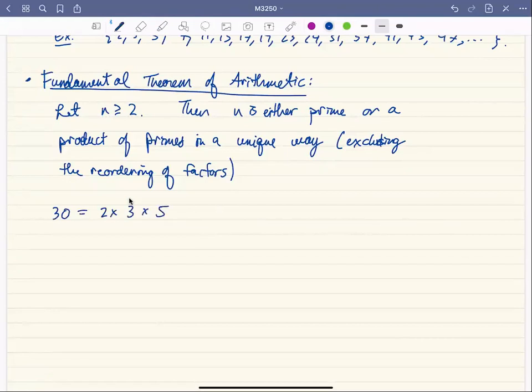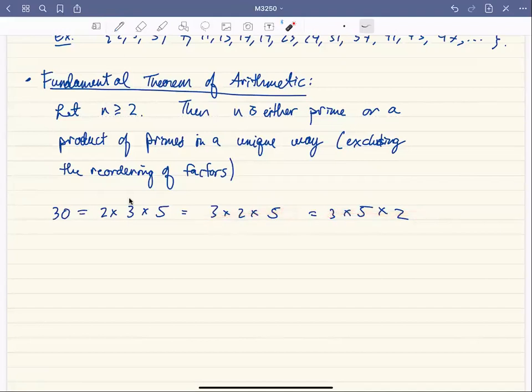This is the only way that you can write 30 as a product of primes, with the exception of reordering. You can write it as 3 times 2 times 5, or 3 times 5 times 2. I don't care about the reordering, so those don't count as different.